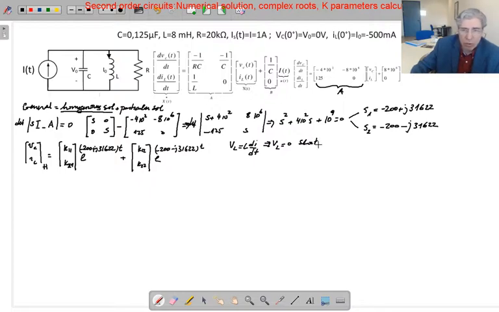So inductor is going to be short circuit, and when you come to capacitor, C dVc over dt, since the Vc is constant, derivative of it is 0, so from this you can get that IC equals 0. That's open circuit. So let me transfer that information to our circuit. Open circuit means take this out. This is going to be short circuit.